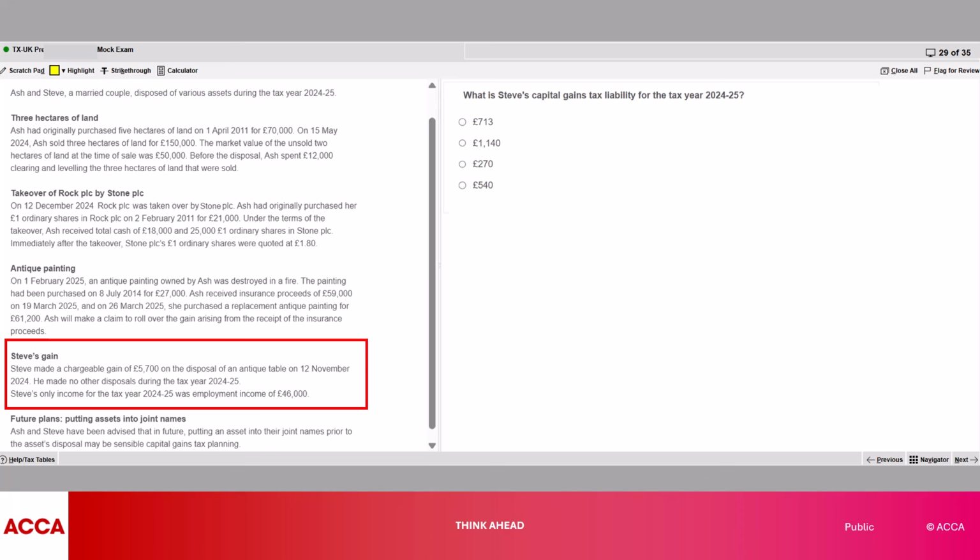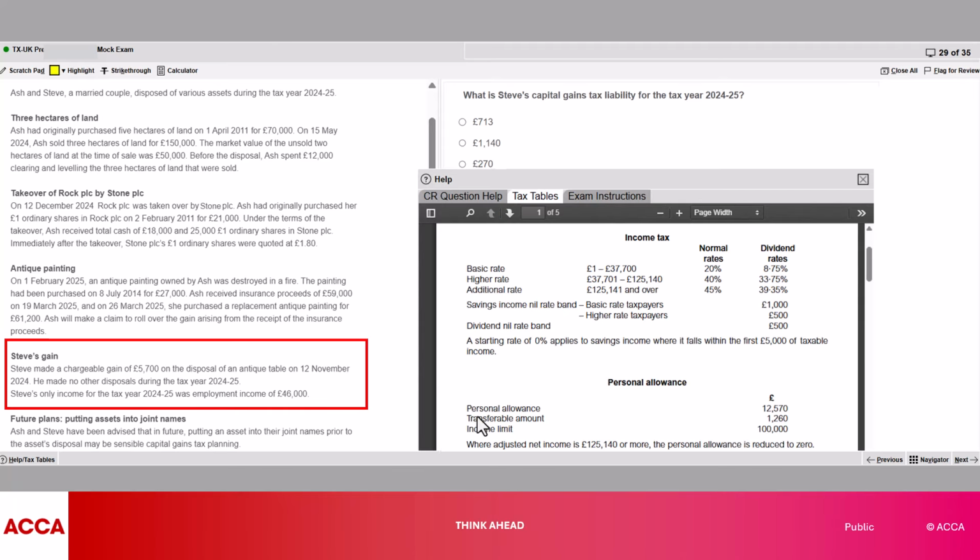Just be a bit careful there because it looks like he might be a higher rate taxpayer. However, if that's his employment income, then that is before deducting the personal allowance. And if you look in your tax tables, we've got the personal allowance of 12,570, so that would be deducted from the employment income, which means then that some of Steve's basic rate band is going to be available. So we need to work that out.